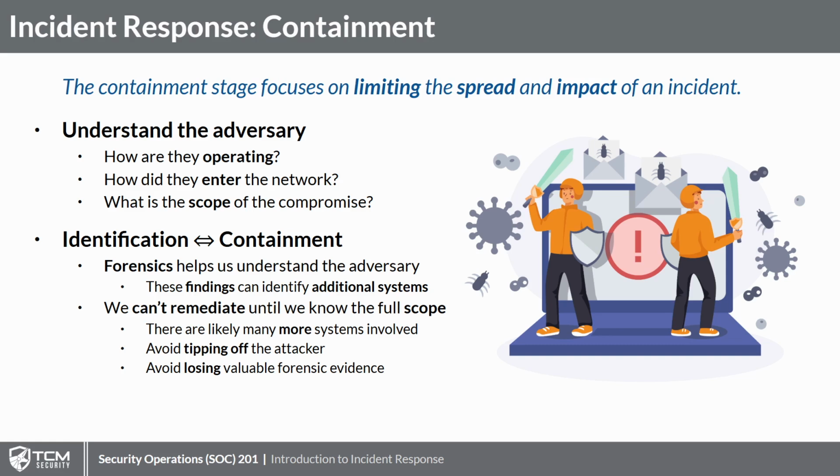If we start reacting to just the systems that we know about, we risk tipping off the attacker that we're onto them. And once they realize that, they're very likely to adapt their tactics or maybe escalate their actions to maintain access. Or they might hop over to another foothold and maybe expedite their actions on objectives, or clean up their tracks and implement anti-forensic techniques and wipe away a lot of valuable evidence.